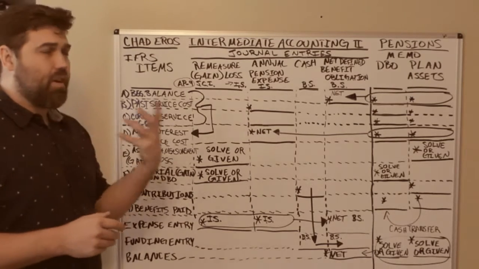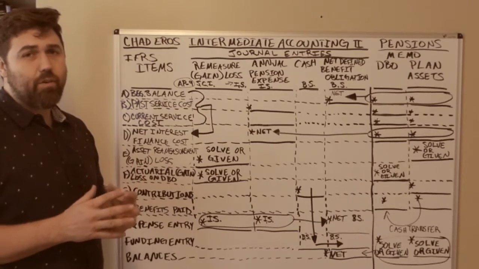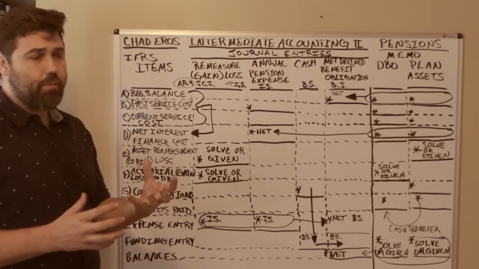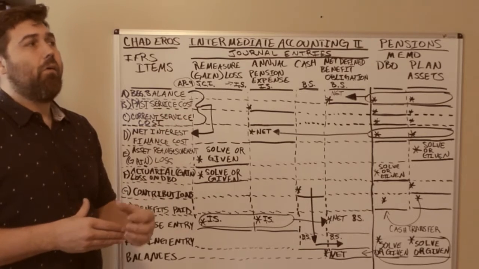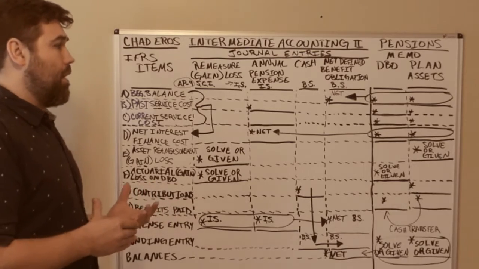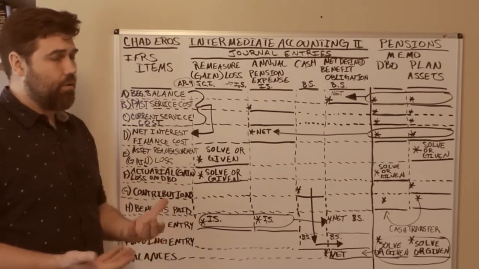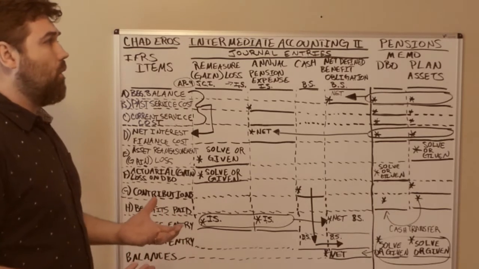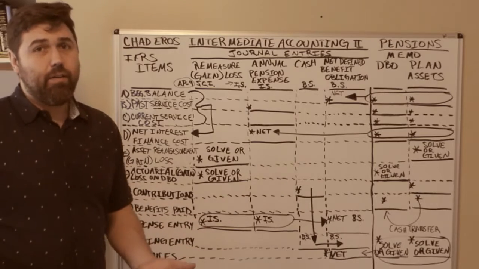I'm just gonna summarize the pensions chapter. I did an introduction, and then you've got access to a bunch of online material, online lectures, homework. And so, what I'm gonna do is summarize this chart and how to use it to make your final 2 journal entries that you need to make at the year end.